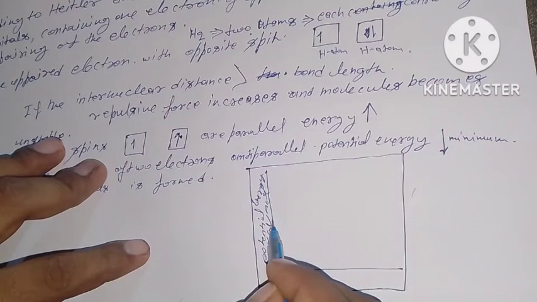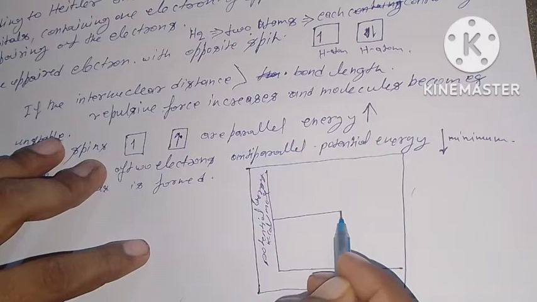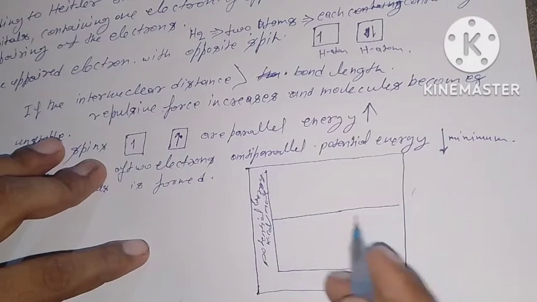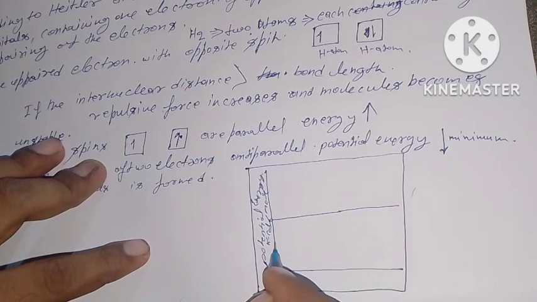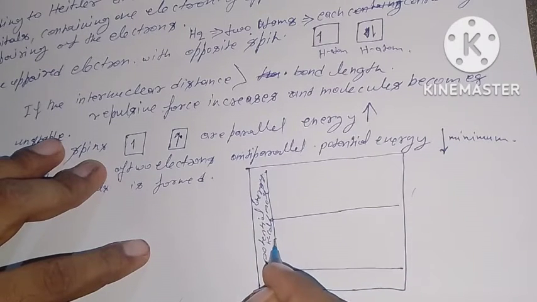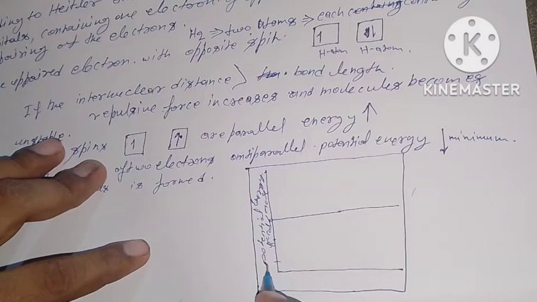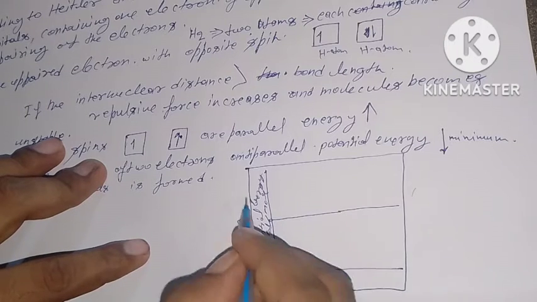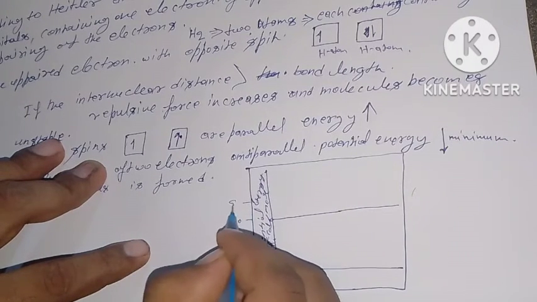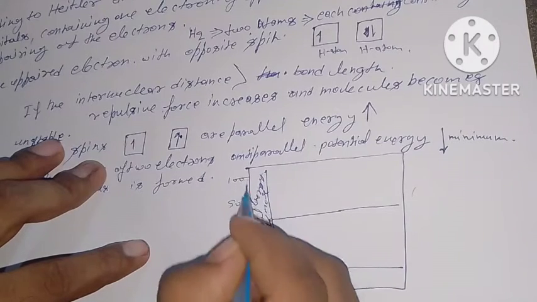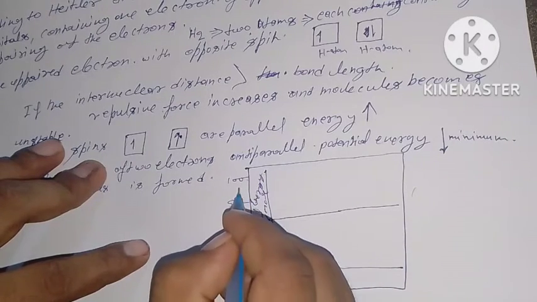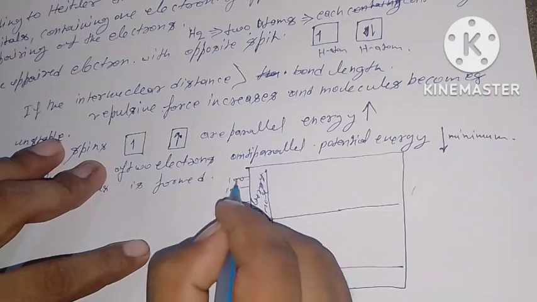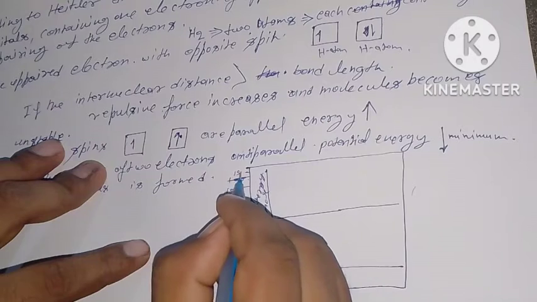This is the zero point, then 50, 100, and 150 going up.